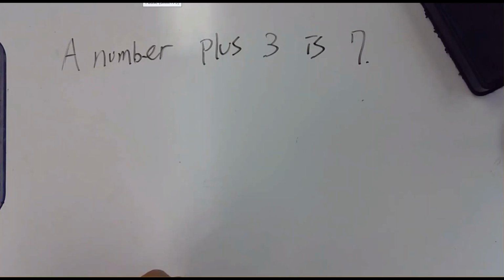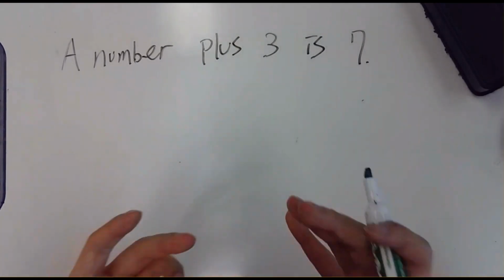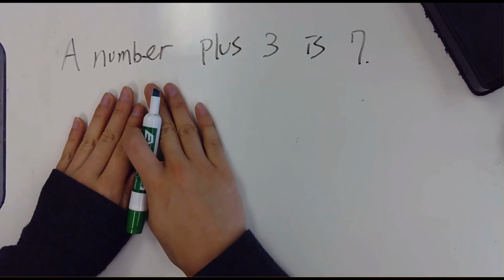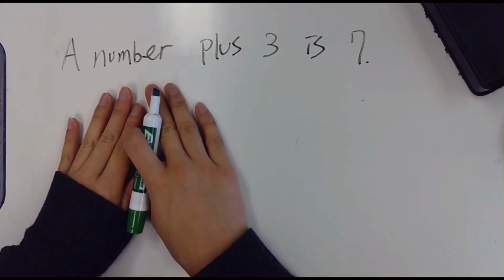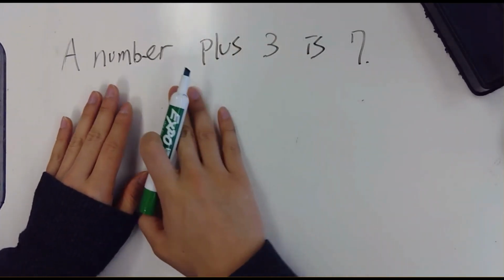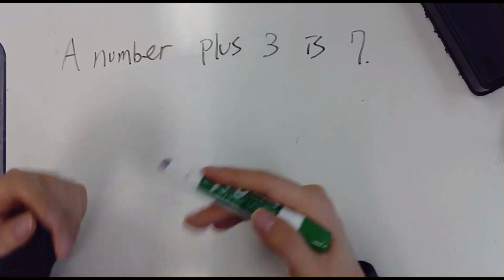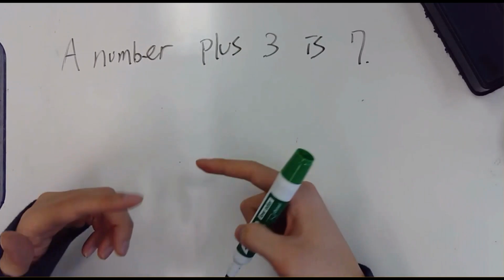So now that we have learned how to translate words, let's try to translate a full sentence into a mathematical statement. Over here, I have an expression that says a number plus 3 is 7. Let's try to translate this into math.